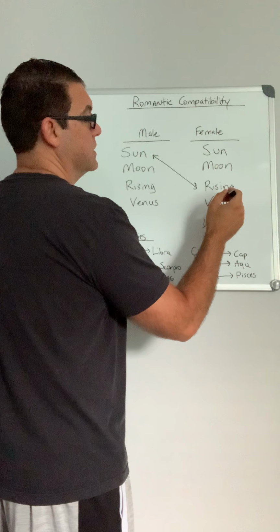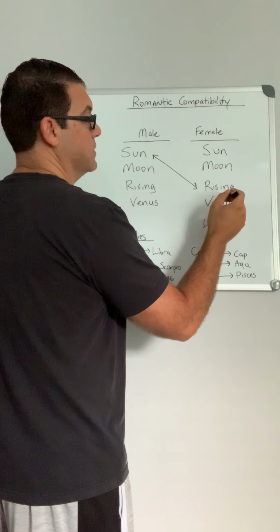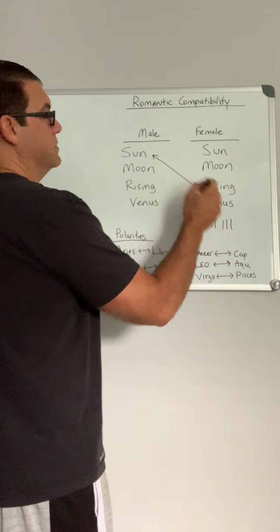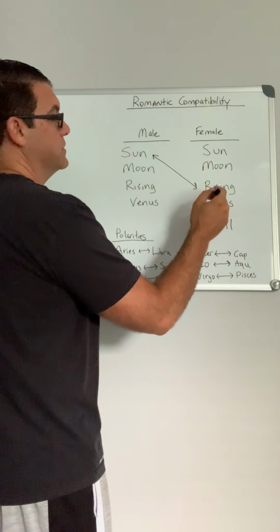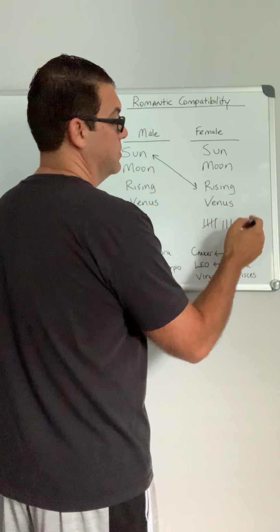Or if the sun is in a sign that's compatible with the rising. So in other words, I keep using Taurus as an example because I'm a Taurus, but if your sun is in Taurus and your person's rising sign is in Virgo, which is another earth sign, or it's in Capricorn, which is also an earth sign, then you have a connection there, okay? And you would get a point for that.